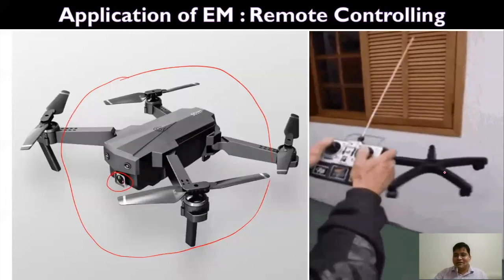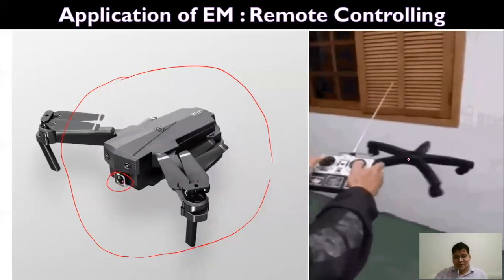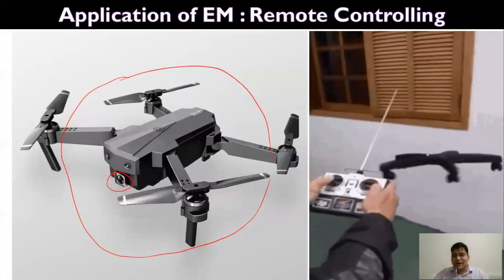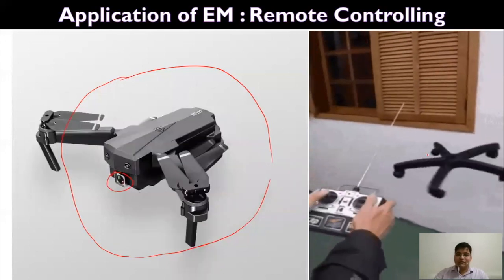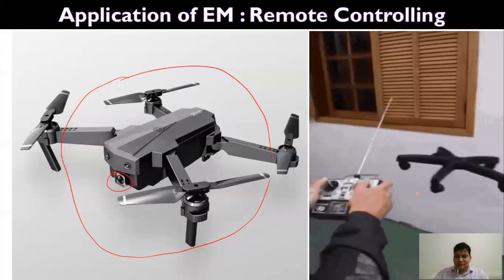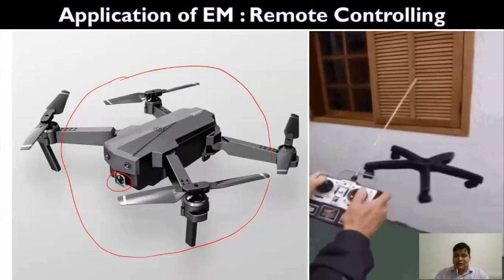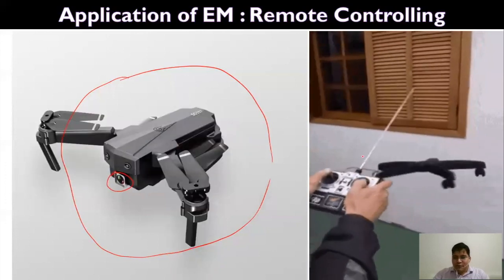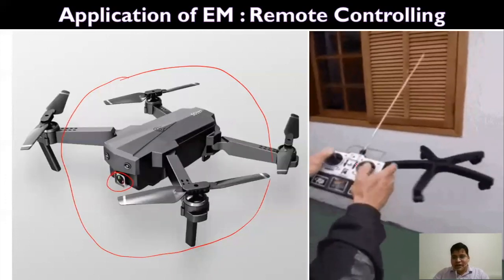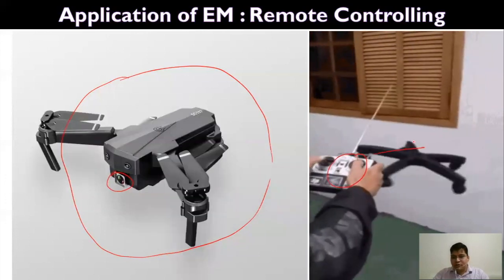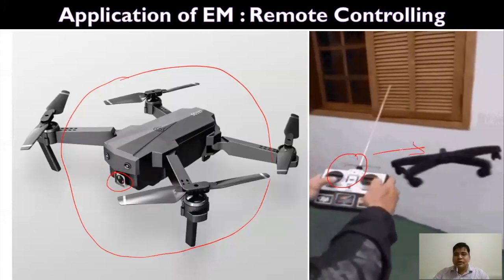And in the second picture you can also observe a second type of drone, and one person is flying that drone with the help of this remote, and the information is being sent from this remote to this drone through the electromagnetic signals.